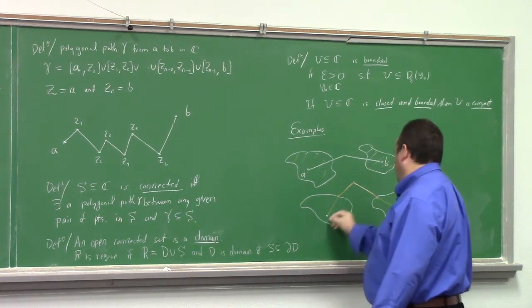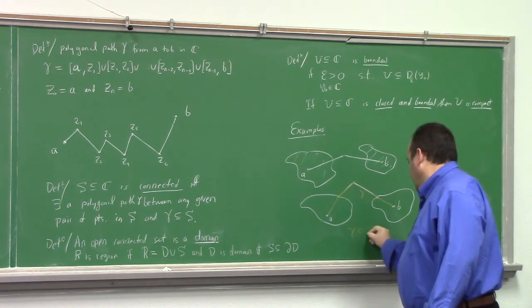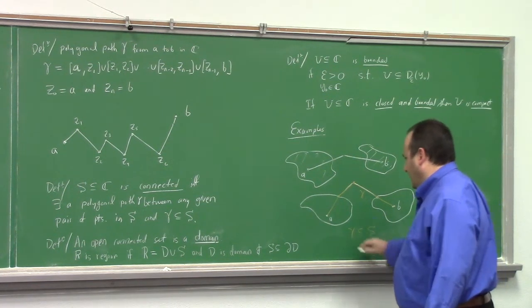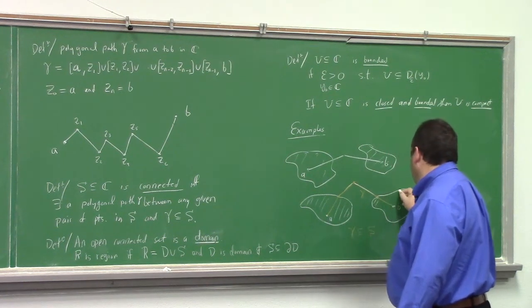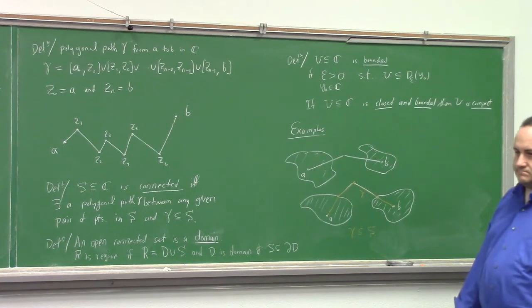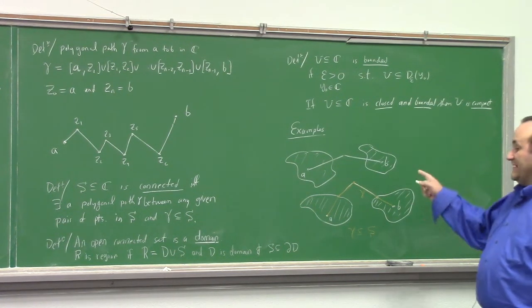So there you go. That's a polygonal path, which is a subset of my given set here. So I'm trying to make this set the shaded in version with these two line segments connecting them, okay? So the first one isn't connected.